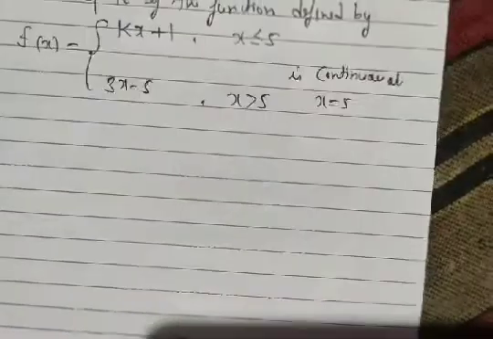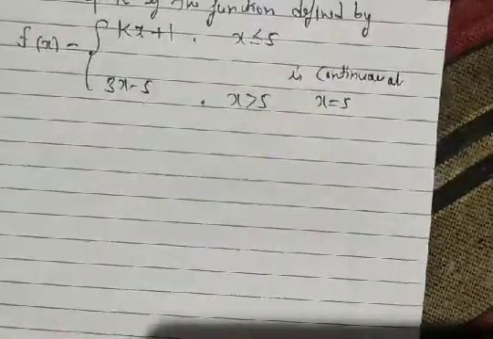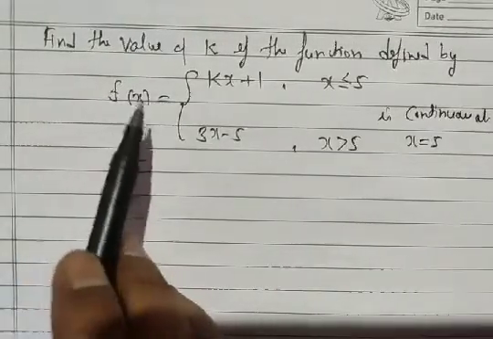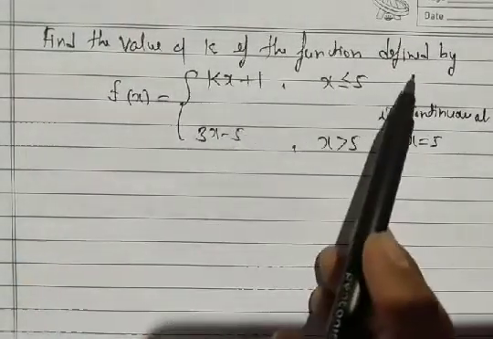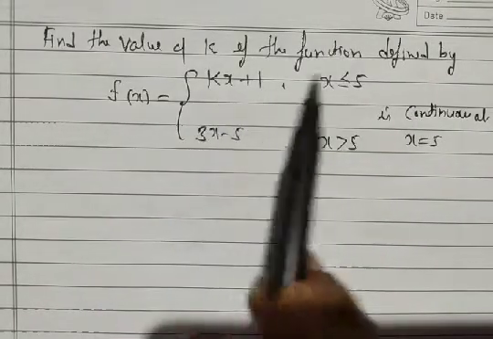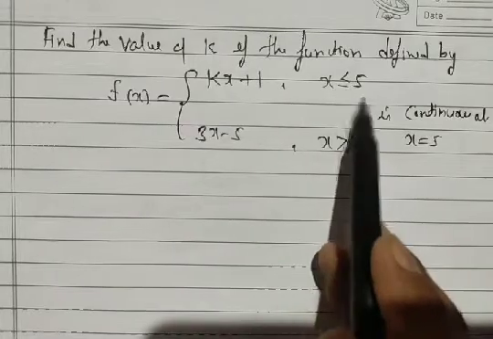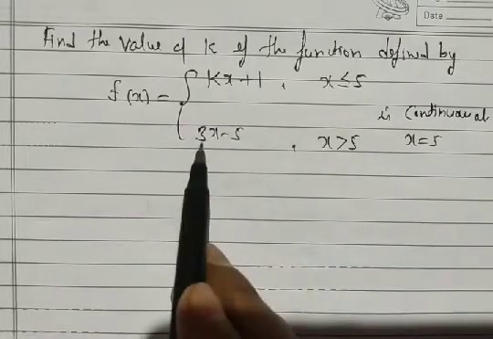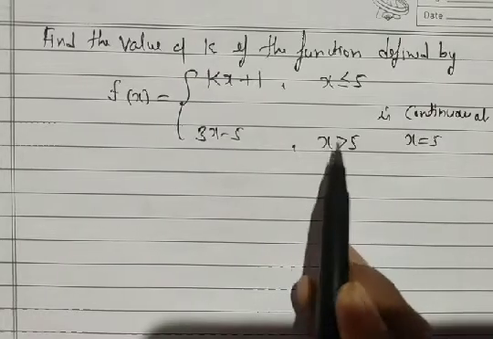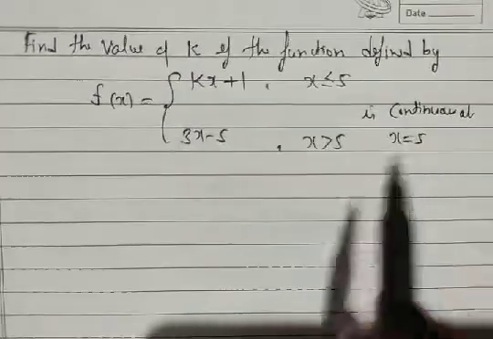Now we move to our next problem. We again have to find the unknown value. Find the value of k if the function defined by f(x) equal to kx plus 1 when x is less than or equal to 5, and 3x minus 5 when x is greater than 5, is continuous at x equal to 5.